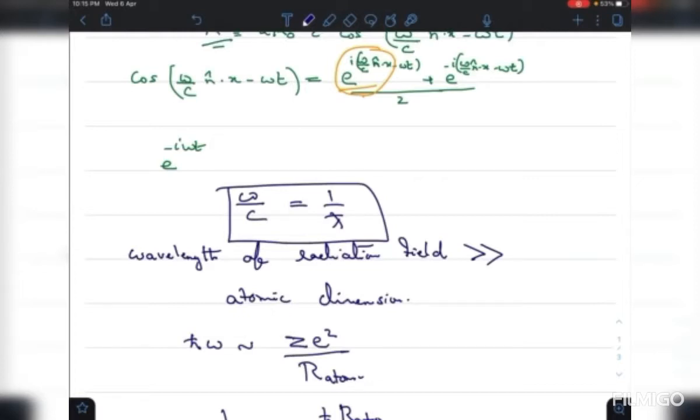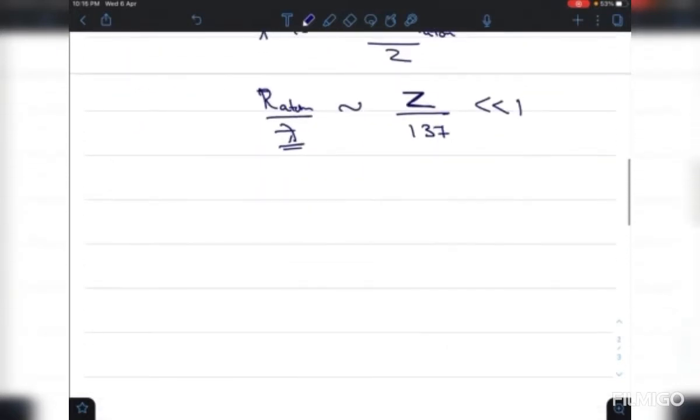That means you can expand it binomially: e raised to i omega by c n dot x can now be expanded as 1 plus i omega by c n dot x plus etc.